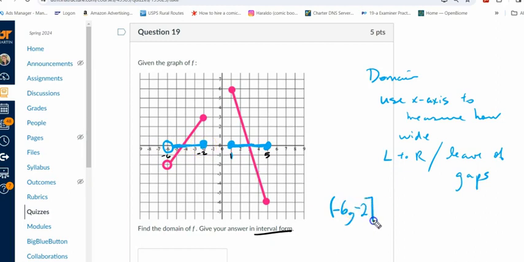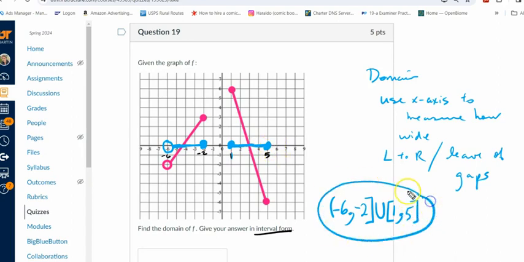So we have a square bracket. Then there's a gap. And we pick it up again at 1. And it's solid, no gaps, and we end at 5 on the x-axis, and the 5 is included. So we have a square bracket. So this is what I'm going to want to type in.